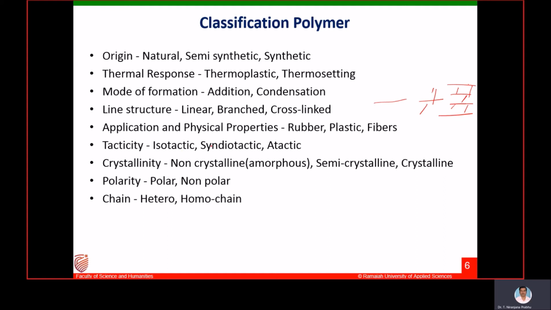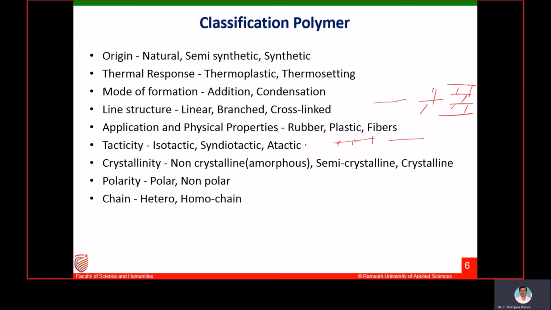Isotactic, where the side groups or the functional groups are either all placed below the carbon-carbon plane, or all these side groups are placed above the carbon-carbon plane. That is isotactic. Iso is same, on the same side.